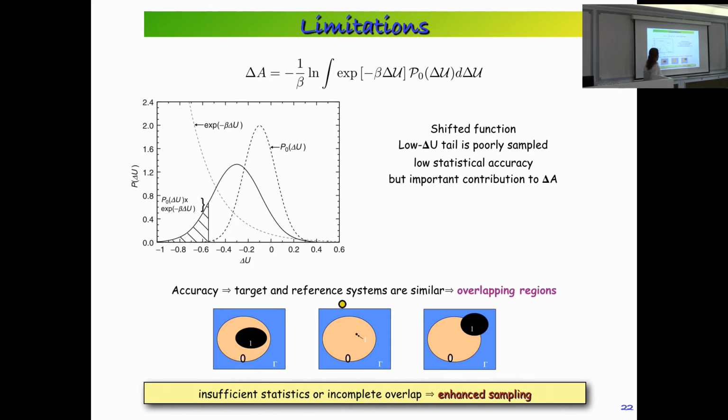If the overlap is very poor, or ensemble 1 has a really tiny volume with respect to ensemble 0, it means that this volume here will be very poorly sampled by sampling ensemble 0, and then in these two situations you will get poor information and a bad evaluation of this ratio. Okay, that is one way to do it. It's just a simple molecular dynamics simulation, so that you can obtain some free energy differences.